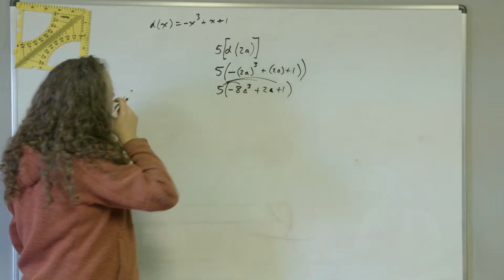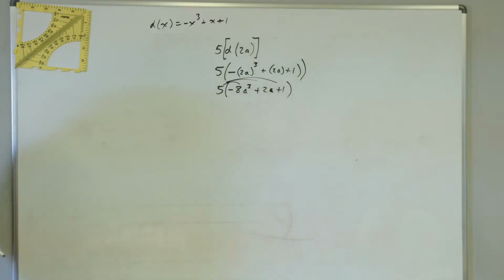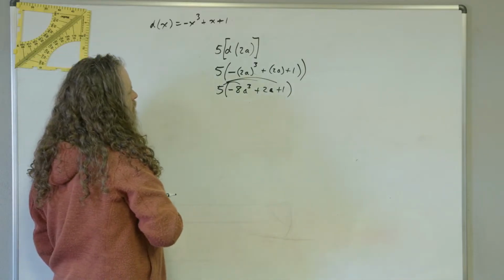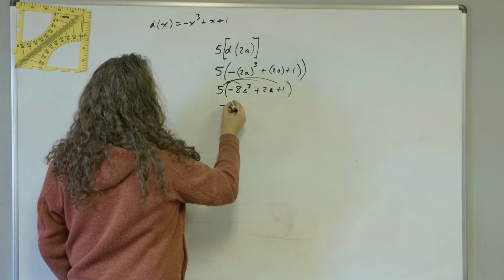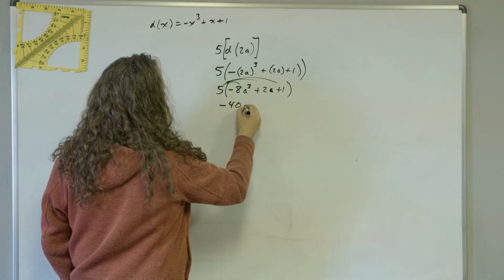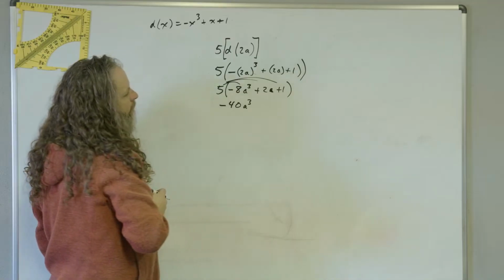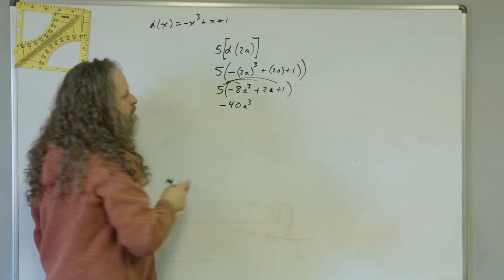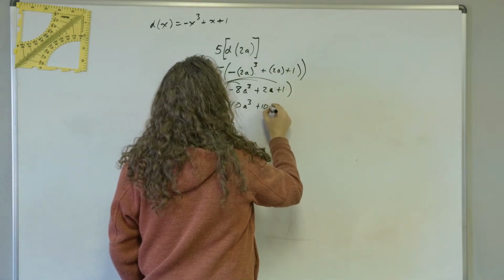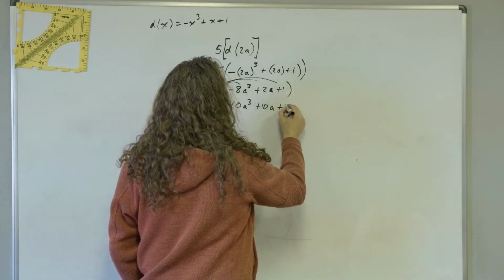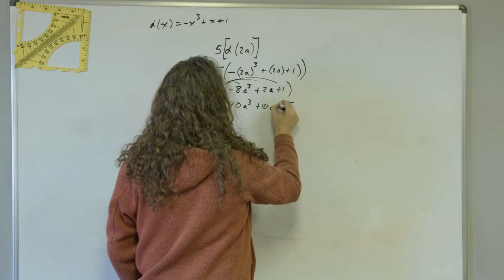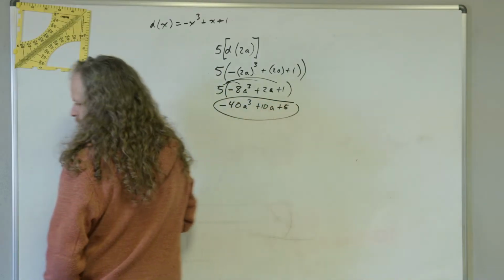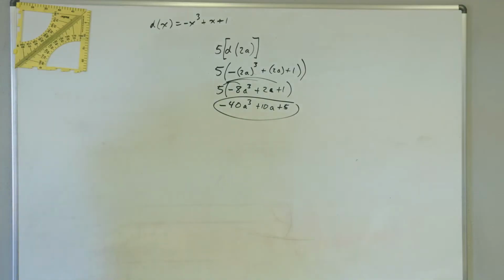What's 5 times negative 8a cubed? Negative 40a cubed. And then what's 5 times 2a? 10a. And then 5 times 1 is 5, right? So not that difficult, just the notation's a little bit wonky, right?